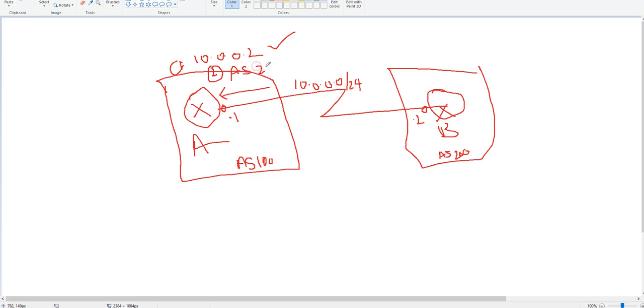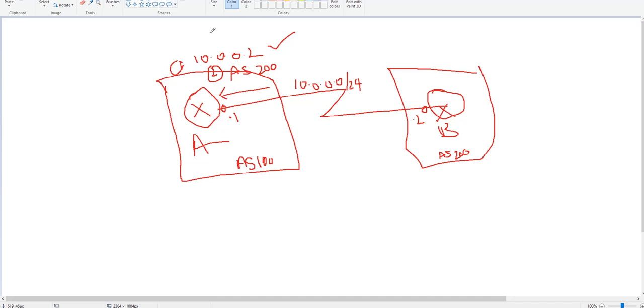This information is required on router A so that he can start establishing the neighborship with that particular neighbor 10.0.0.2.